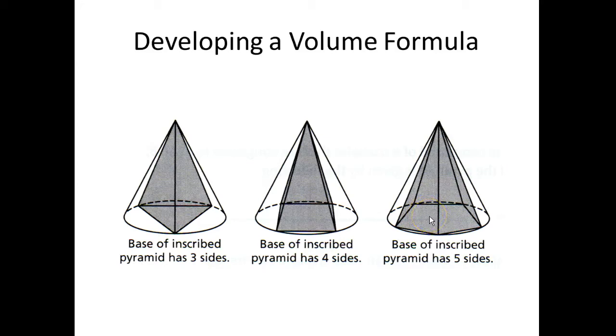So let's see if we can find the volume of an inscribed pyramid inside the cone. If you recall, the volume of any pyramid is given by V equals 1/3 times the area of the base of the pyramid times the height of the pyramid.